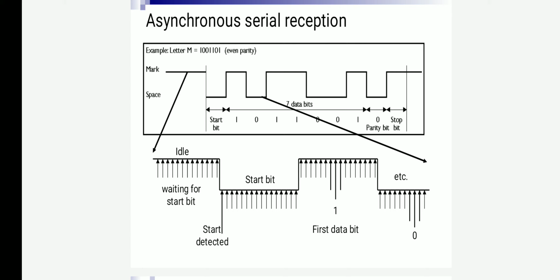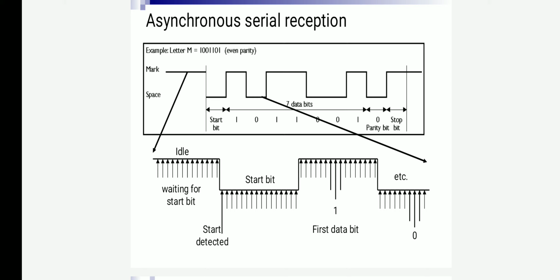At the receiver part, it receives 1011001. These are the 7 bits of the data. One start bit is there, one stop bit is there, and one parity bit, which is 0, is added here to make it even parity. This whole data sequence was transmitted by the transmitter and is received at the receiver end.